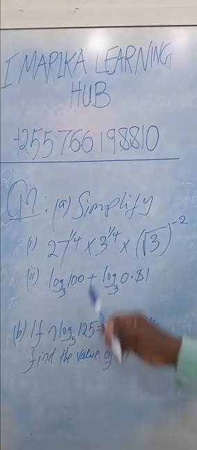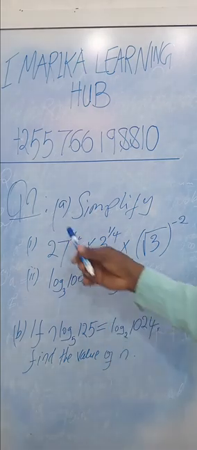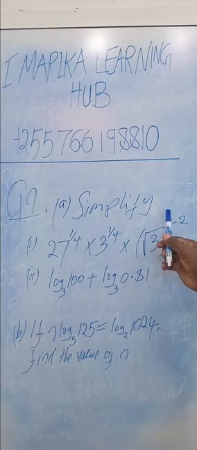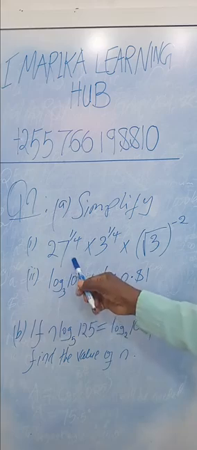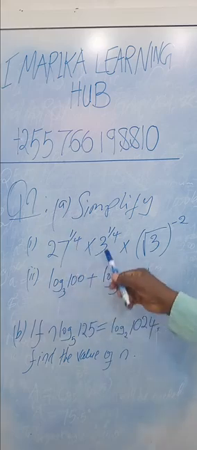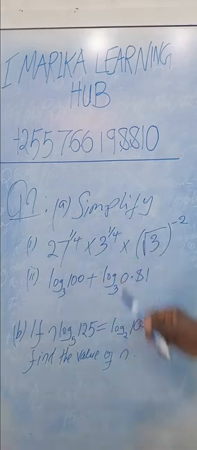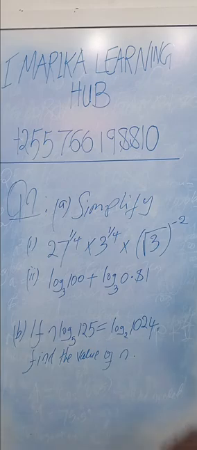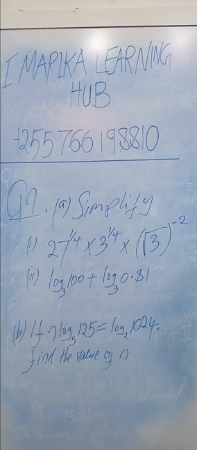We have a question here. Part A: Simplify 27 exponent 1 over 4 times 3 exponent 1 over 4 times the bracket root of 3 raised to power negative 2.